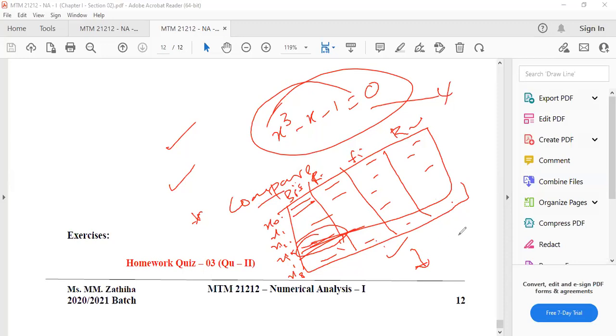So you can analyze that. That's what the last question is. I have put the same question for all four methods. You try all methods and then create one table to compare our results. So that's all about our chapter 1.